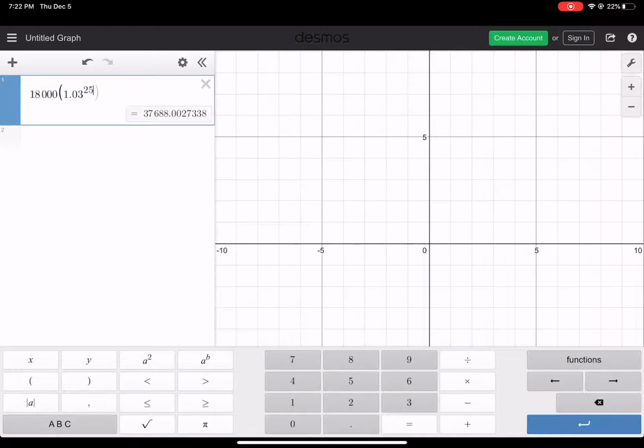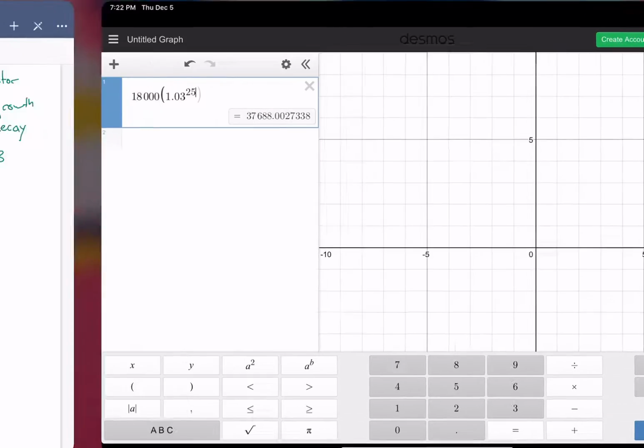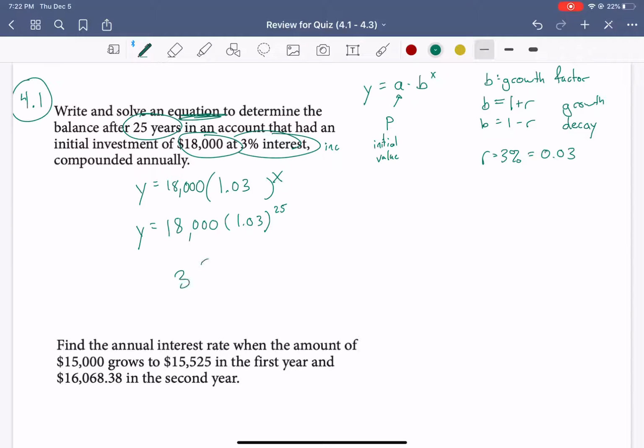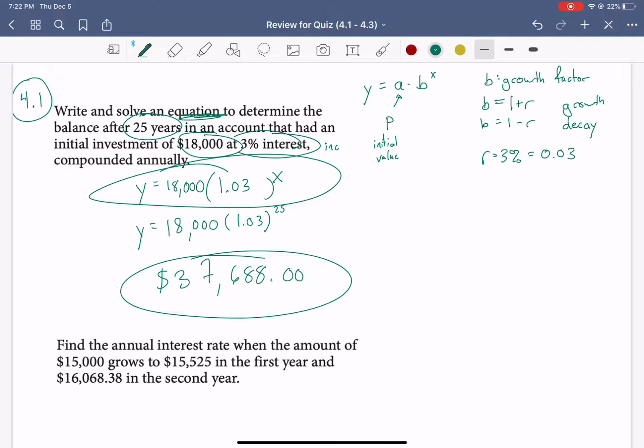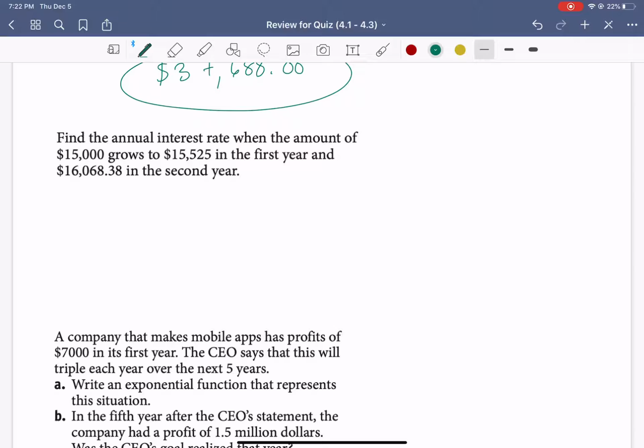So that's 37,688 and 0 cents. So I had two parts right there, the equation and the final answer. Moving on, now we want to find the interest rate.